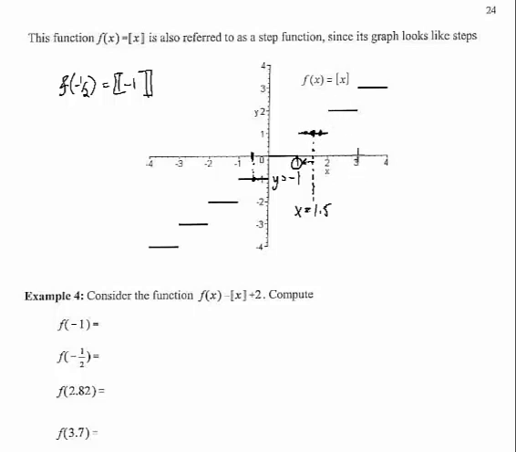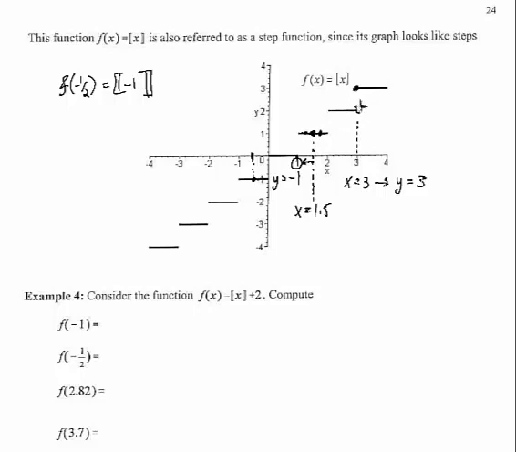Let's look at x equals 3. Well, 3 itself is an integer, so 3 is going to map to y equals 3. So we actually have the input here. If we wanted to make our graph a little more accurate, we should probably go through here and put in open dots, because 3 wants to skip past this y equals 2. That may or may not be obvious with just the horizontal lines themselves.